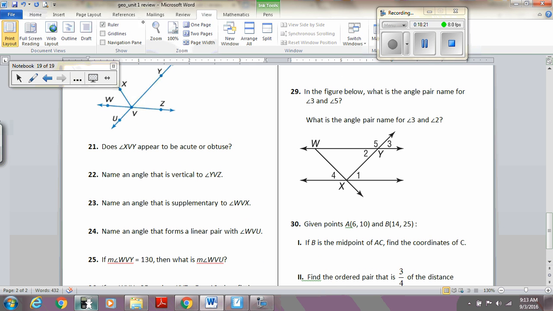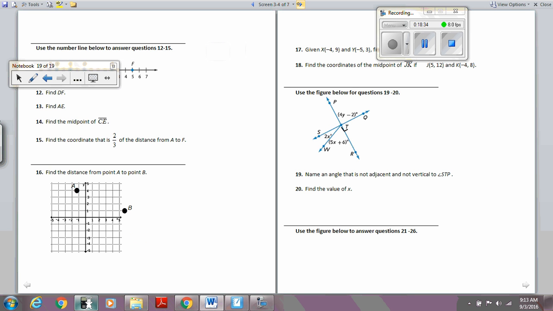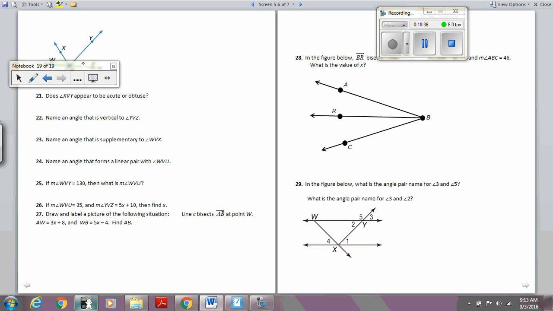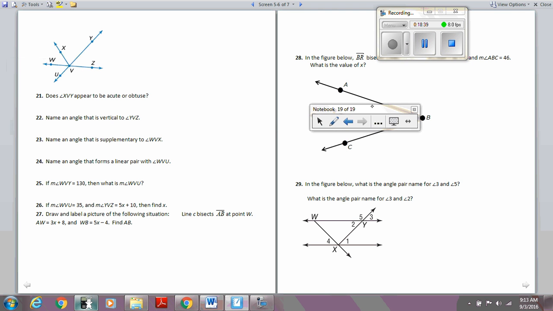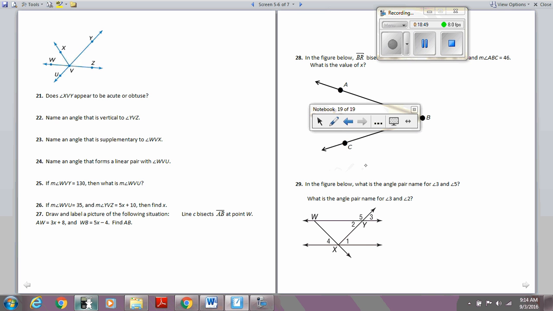Hold on, let me change my view. I gotta be able to see the picture for all of these questions. Okay. For number 23, it says name an angle that is supplementary to WVX. So let's highlight WVX. All right.